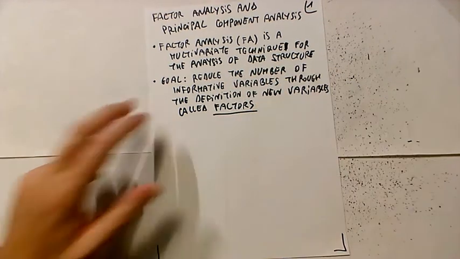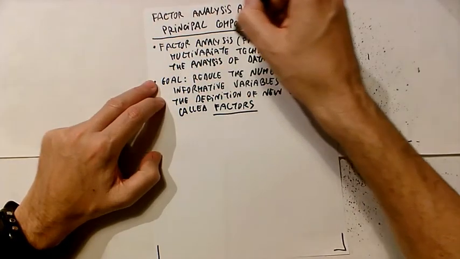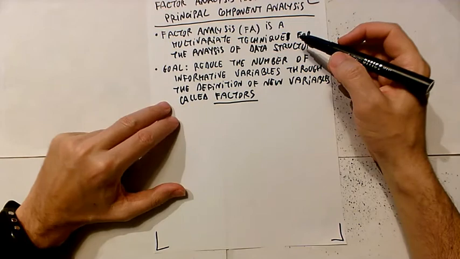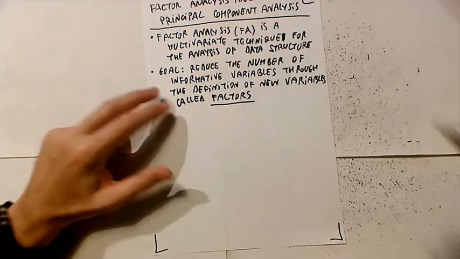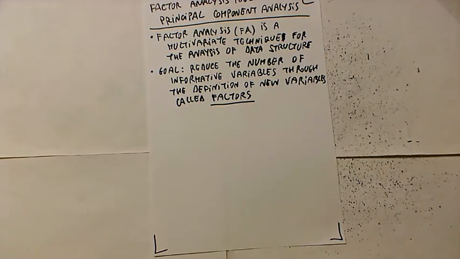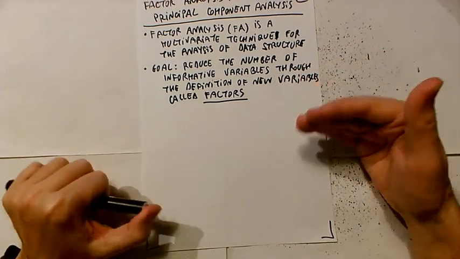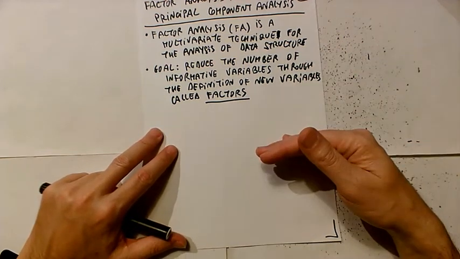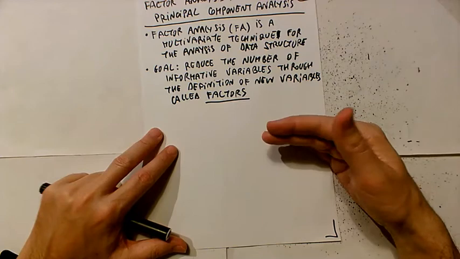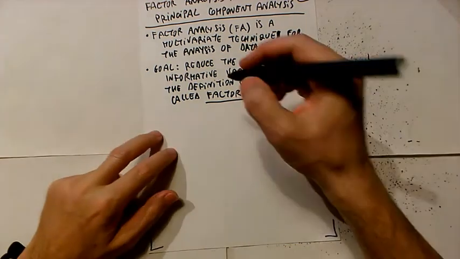This is why the technique is called factor analysis, because the final output of a factor analysis is the creation of new variables, new response variables that replace the original ones, the observed ones, and these new variables are called factors.